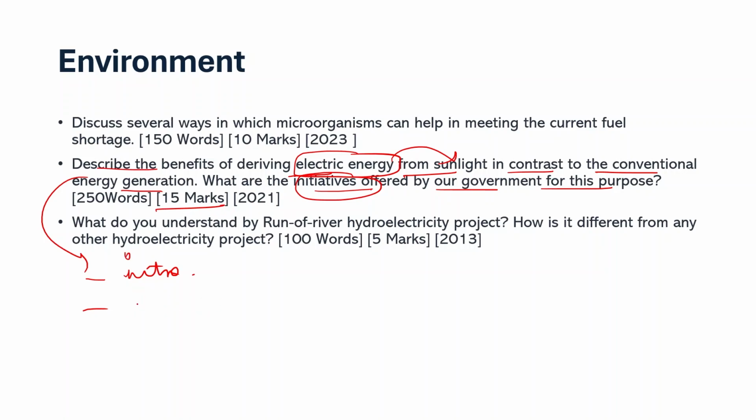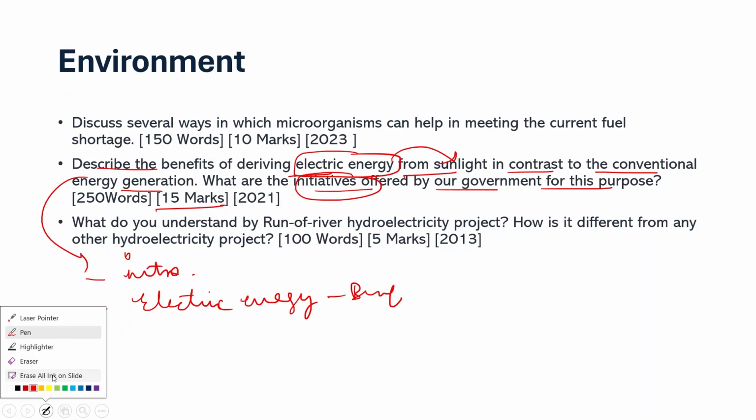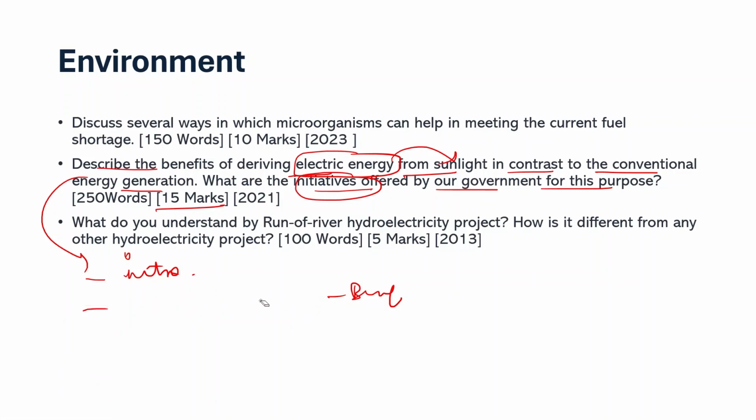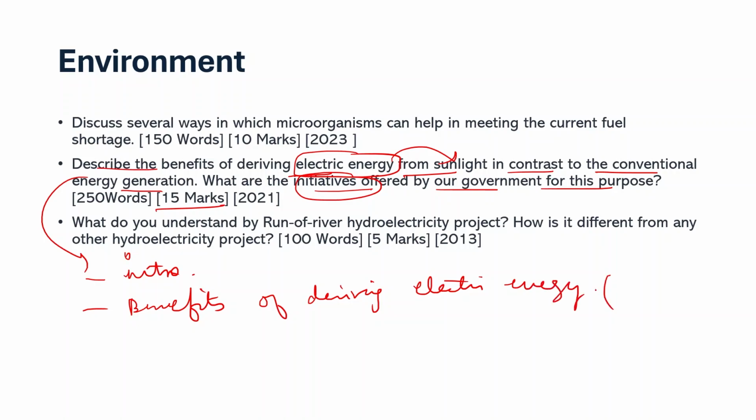So what you do is first you write about electric energy benefits, or you can rephrase it as something like benefits of deriving electric energy from sunlight, right?